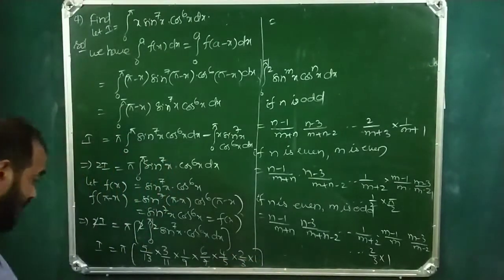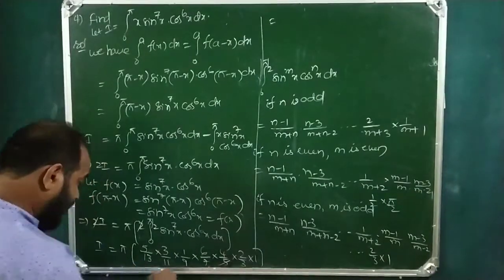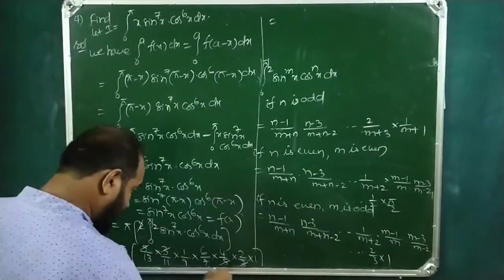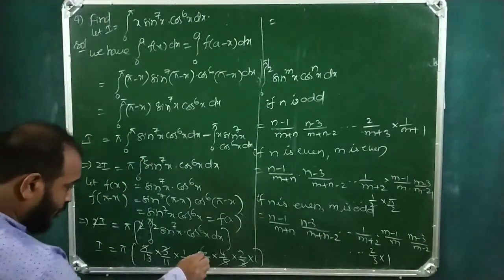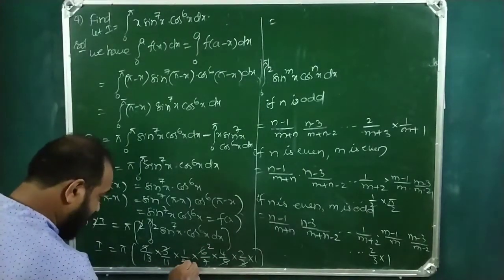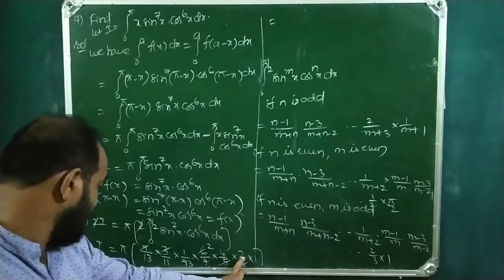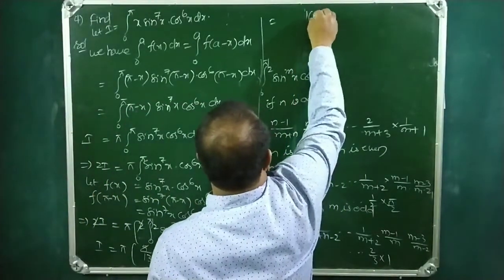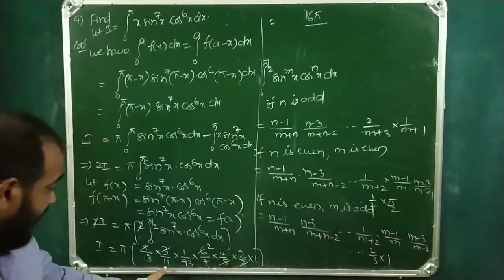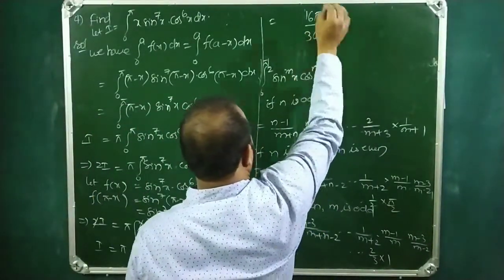So this is equals to, this 5 gets cancelled, 3 gets cancelled, and 2 3s, 3 3s, 2 4s are 8, 8 2s are 16, 16 pi by. So this is 1311 into, if you multiply it, we will be getting 3003.